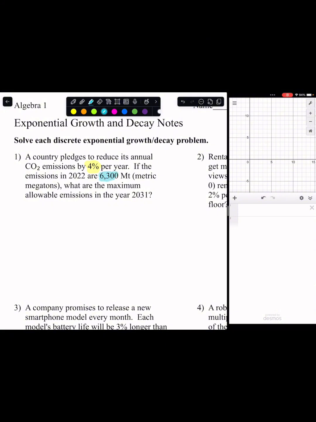That is our initial. What are the maximum allowable emissions in the year 2031? So we've got to write our equation. Y equals A(1 plus or minus R)^X. Okay, so what is the number that we're starting with? That one. That goes in the front.